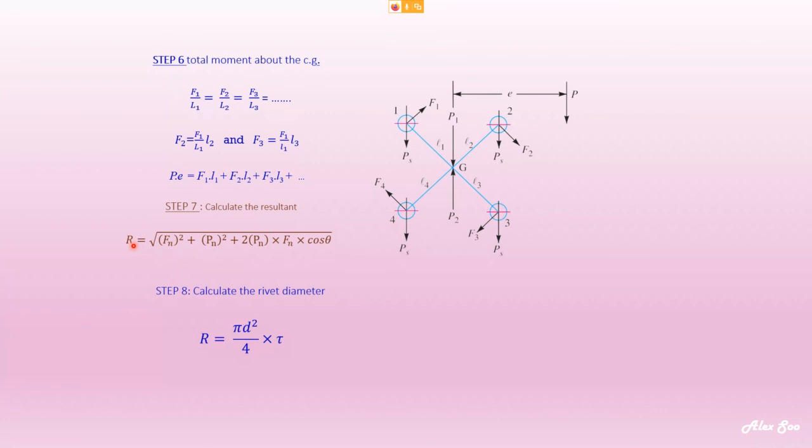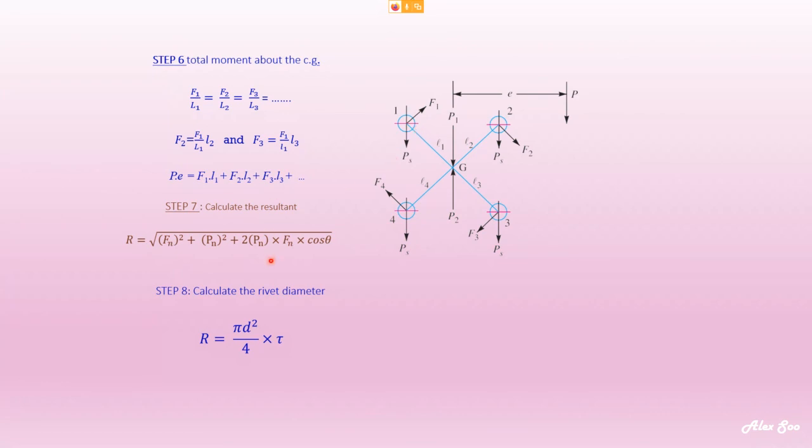So you get resultant R1 based on F1 squared plus P2 squared plus 2 times P2 times F2 cos theta. The angle theta is taken based on the diagonal line which you have drawn, and with your resultant, the angle is to be calculated as well.